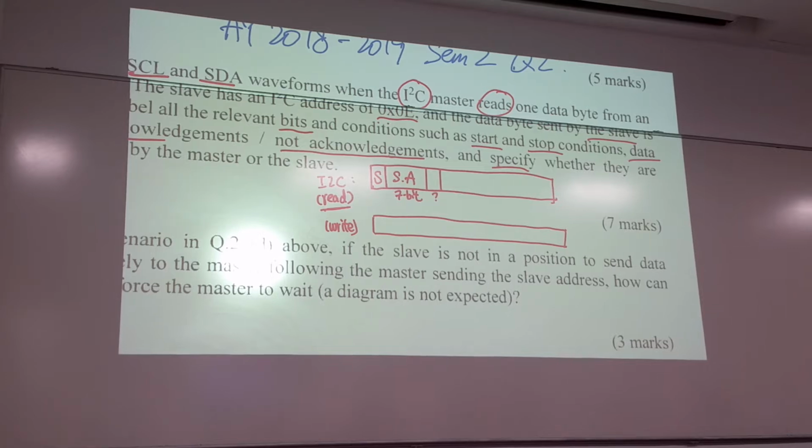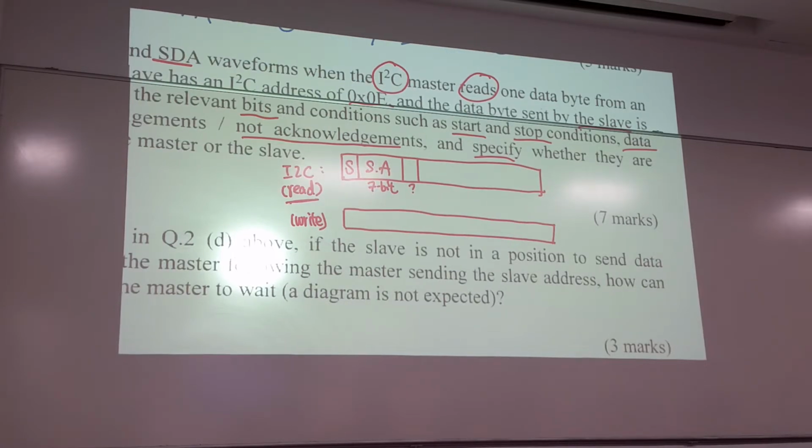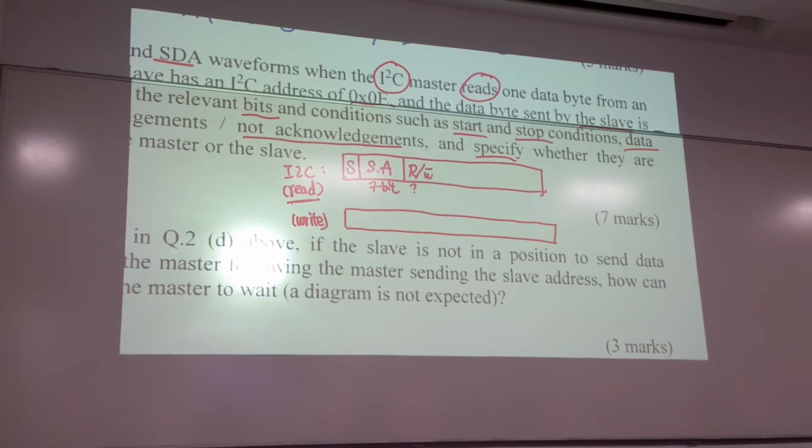This is something you need to memorize. If your processor is reading, it's 1. If you forget, just remember the way we write it here is either R or W bar.